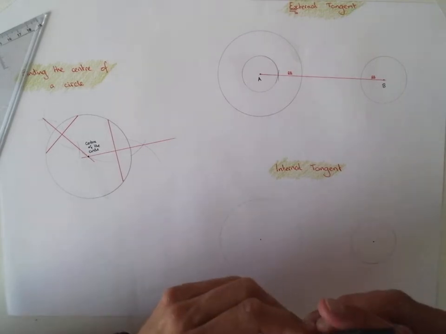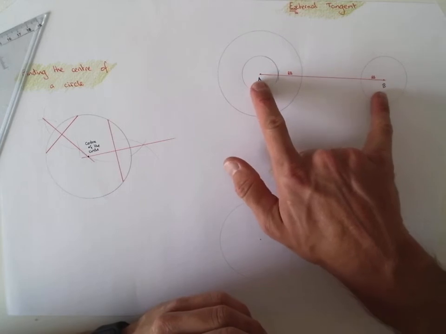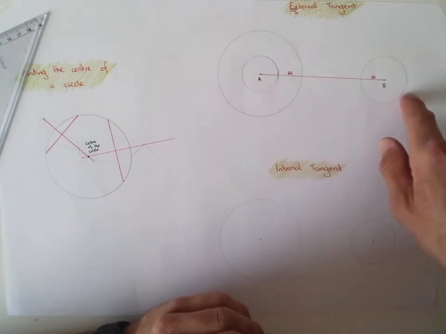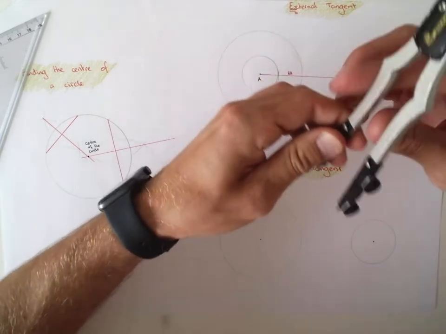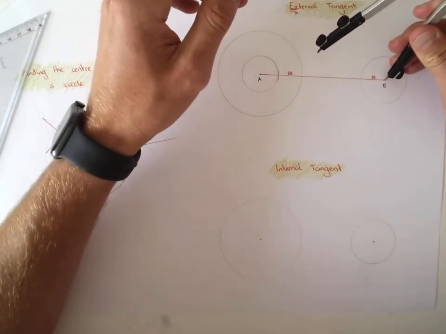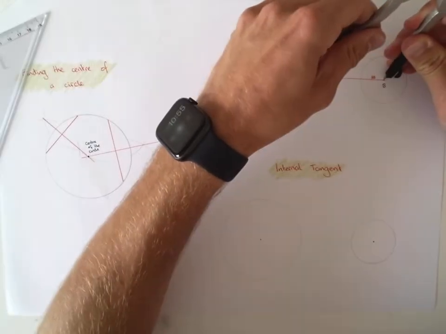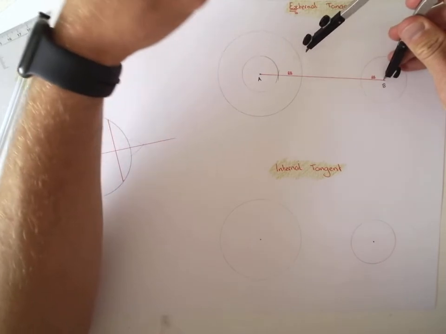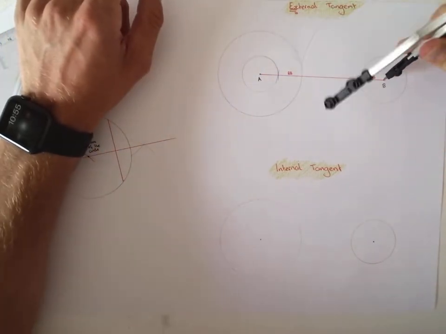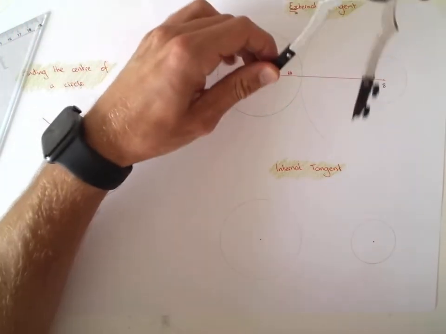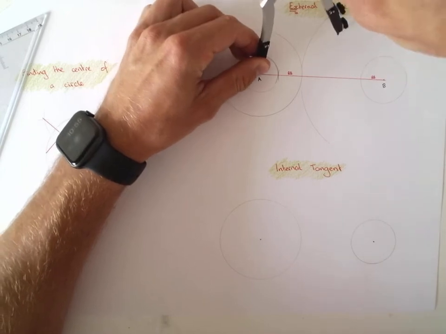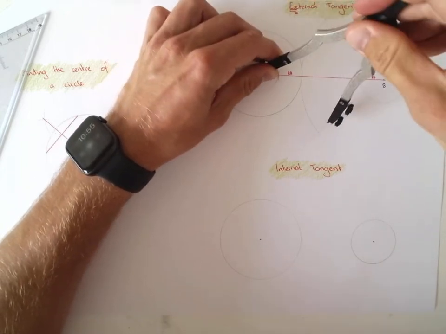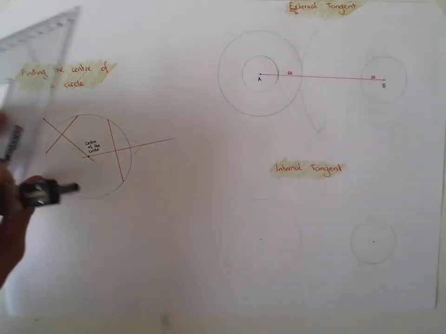Next thing, we're going to bisect the joining of the two centers, and we're just going to draw a semicircle. So extending our compass greater than halfway, scribing our arc above the line, below the line, and doing the same on the other side. Above the line, below the line, and we're just joining them.